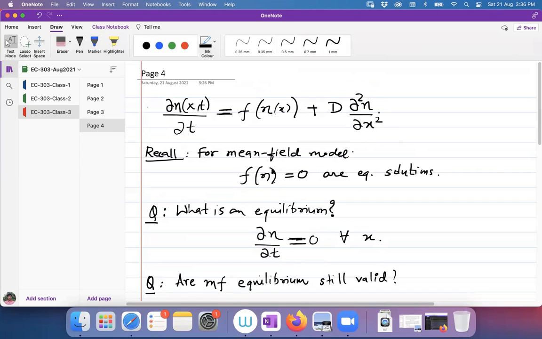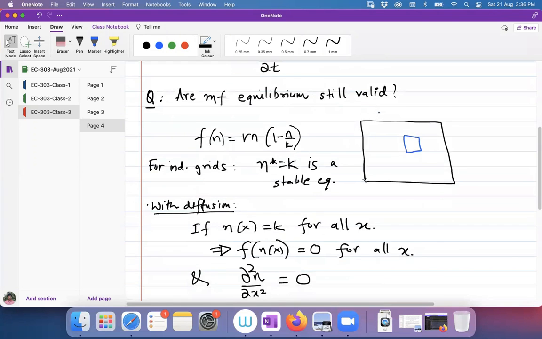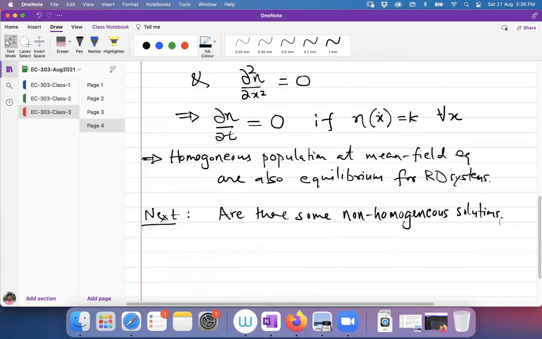No, at any point in time in the future? No, because it's always zero, right? So it effectively becomes a mean field model. Homogeneous solutions will be exactly the same as the mean field model solutions. So the useful question to ask is, are there other solutions? I will even qualify and say, are there some non-homogeneous solutions, where the entire space does not have the same value?